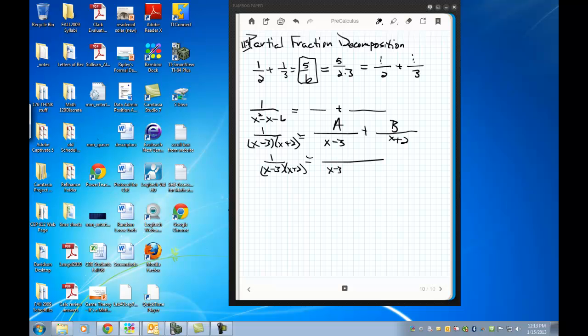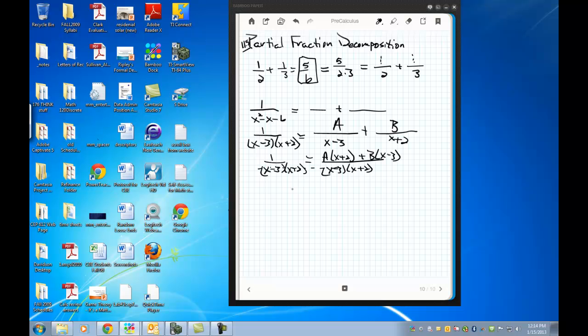So I'm going to get an x minus 3 times x plus 2 in the denominator. Now, do you notice what I get is A times x plus 2 plus B times x minus 3. Now, you may say, well, why did you do that? The reason I did that is because now I can ignore the denominator because I'm only concerned with the numerator. And I already know that x can't be 3 and x can't be negative 2 or all hell breaks loose.